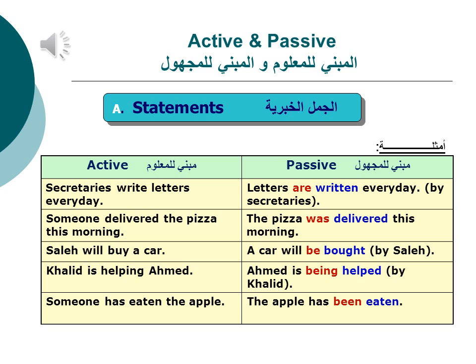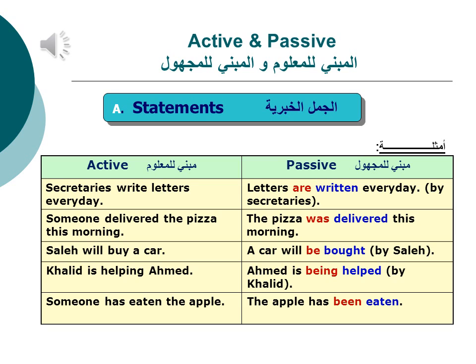The next active sentence, Saleh will buy a car, is a future simple sentence, and the verb to be in the passive must be in the infinitive form because will is a helping verb or a modal.